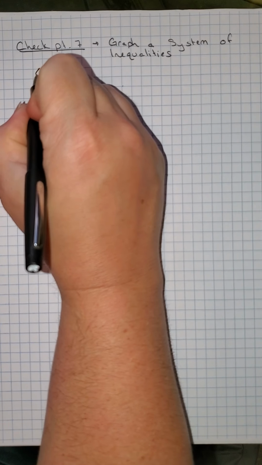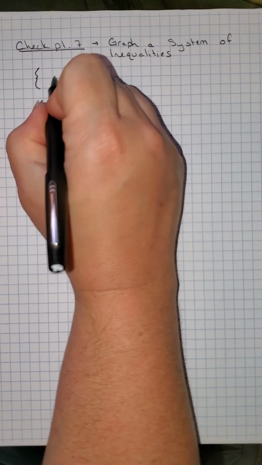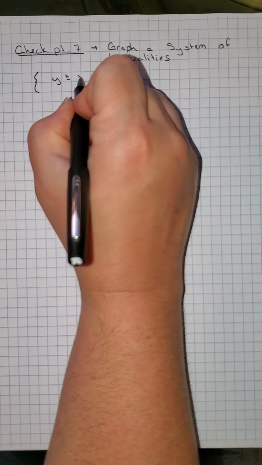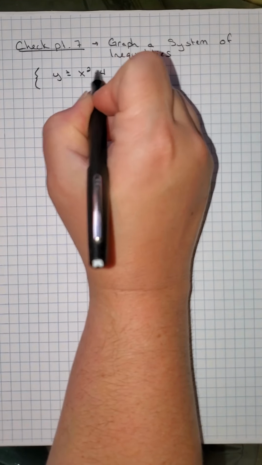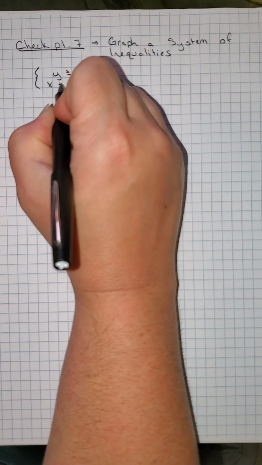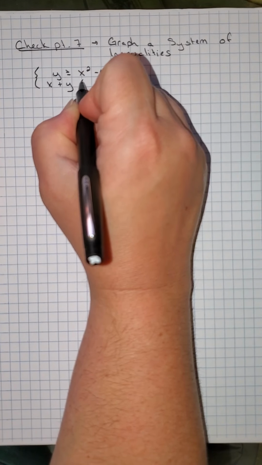Alright, for this we have y is greater than or equal to x squared minus 4, and we have x plus y is less than or equal to 2.